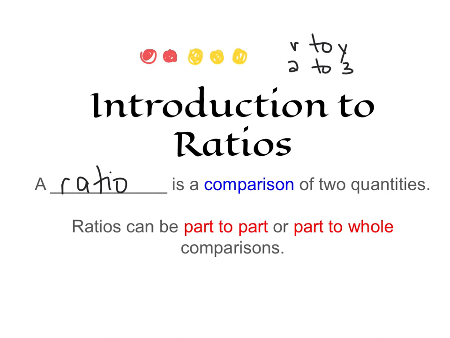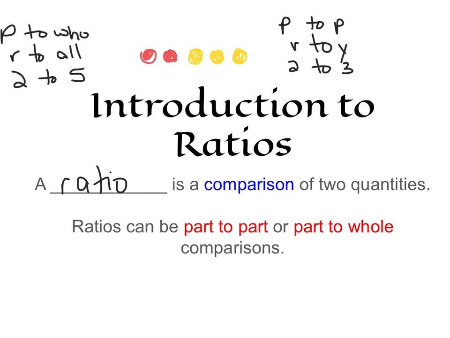That's a part to part comparison. But if I put red to all, that's going to be 2 to 5, and this 2 to 5 is going to be a part to whole.